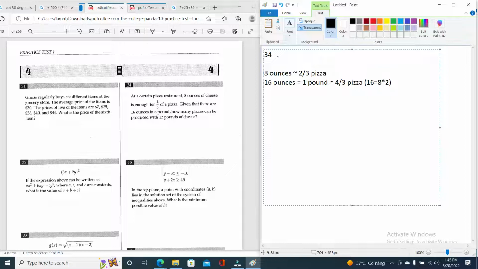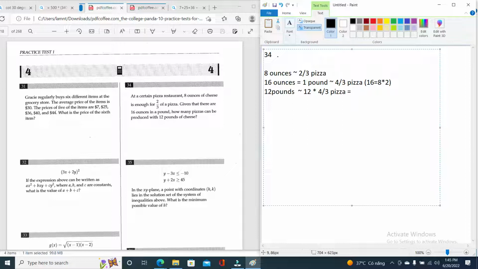Okay, so now they set it to 12 pounds, right? 12 pounds, and 1 pound is 4/3 pizza, so 12 pounds will be equivalent to 12 times 4/3 pizza.